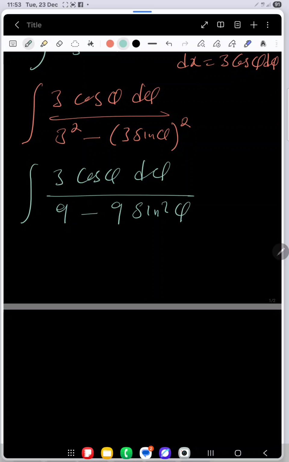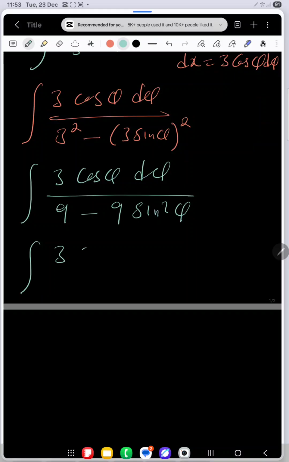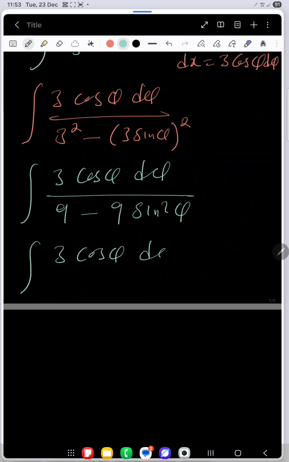Now, after you've done that, we have the integral of 3 cos theta d theta over the 9, which is common, so you can factor it out, and then you have 1 minus sine squared theta.